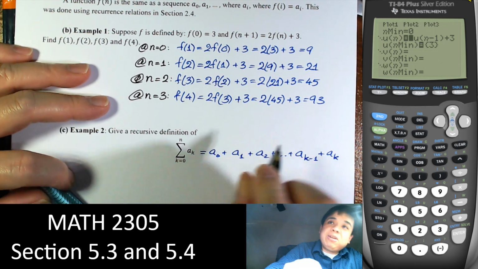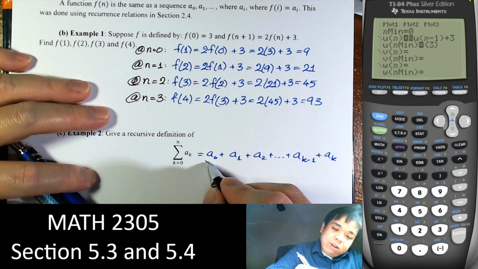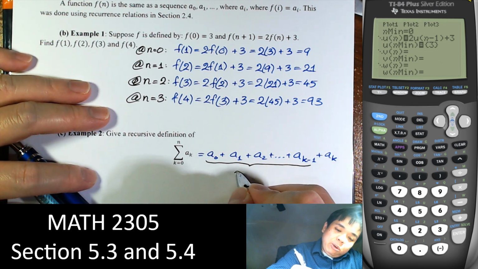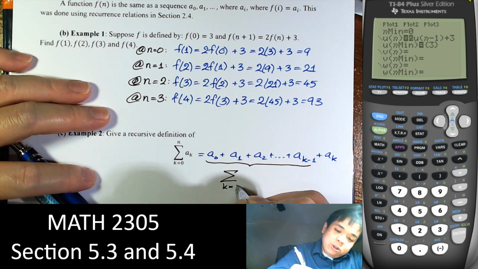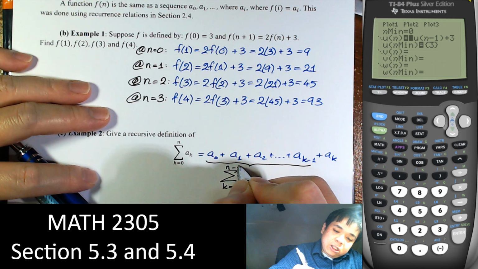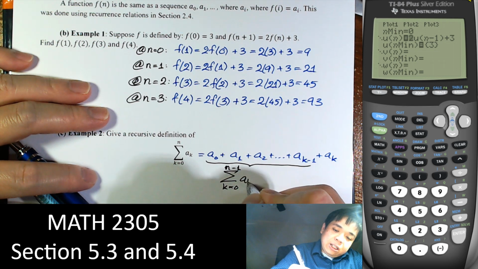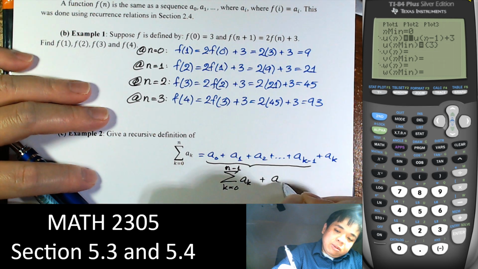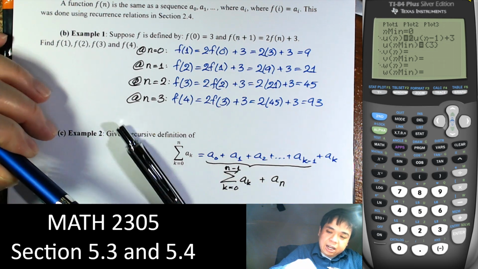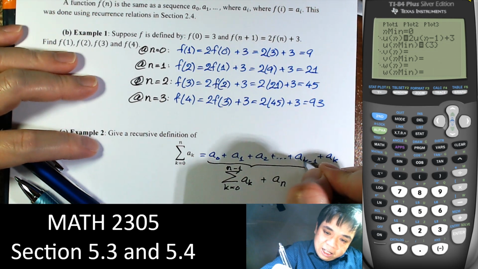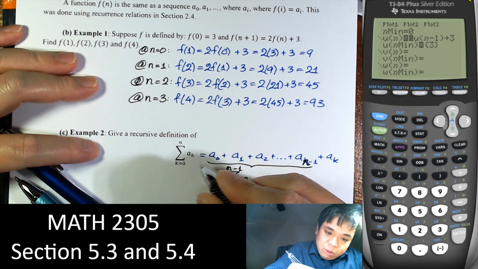Okay, let's try that. Now, all of this can be written as a summation from k equal to 0 to n minus 1 of h of k, plus h of n. Sorry, this is n because it goes from 0 to n.